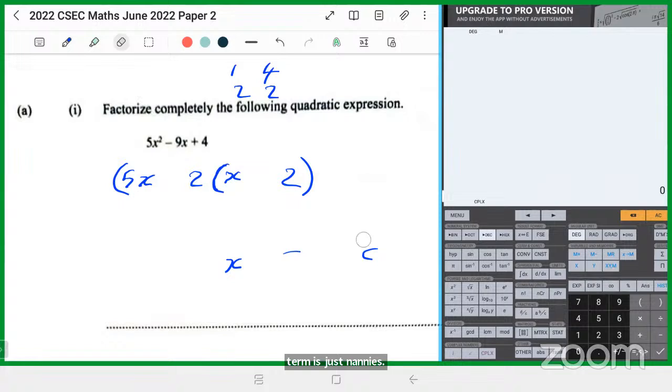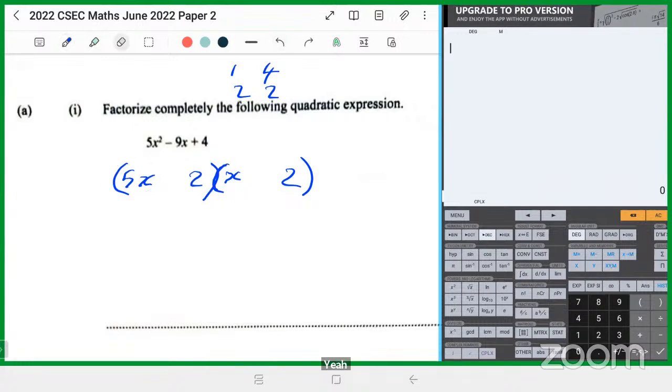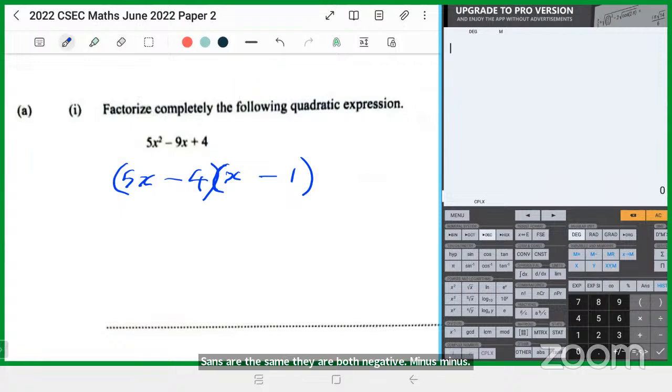So by simple elimination, because of the prime, it becomes easy to do almost like trial and error. We put in the 4 here and the 1 here. Signs are the same, they are both negative, minus, minus. That's a quick way to do it.